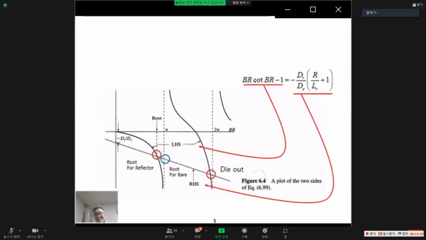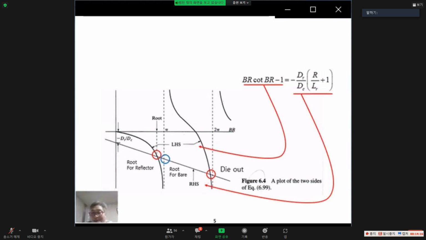The horizontal axis is BR, B multiplied by R. As you see from this arrow, the left hand side is a cotangent curve. Around pi, the value goes to infinite or minus infinite. So we have this kind of shape, the same pattern again and again.